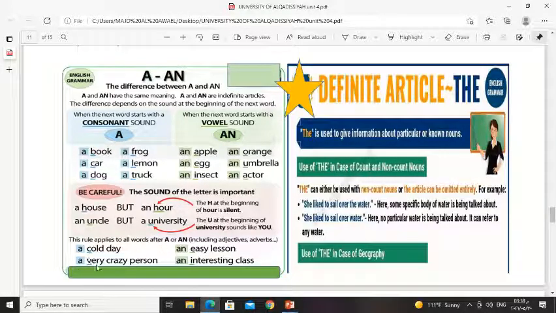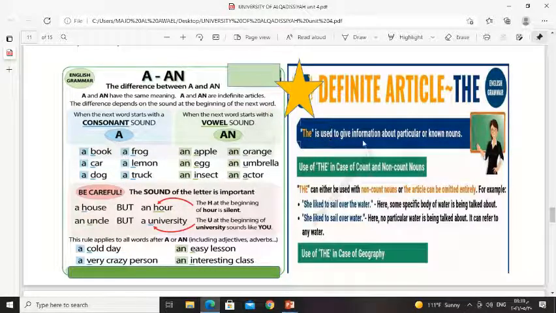A cold day. Very crazy person, he's a very crazy person. It is a cold day today. Uneasy, uninteresting، وهكذا، نبدل بالساوند وليس بالحرف.